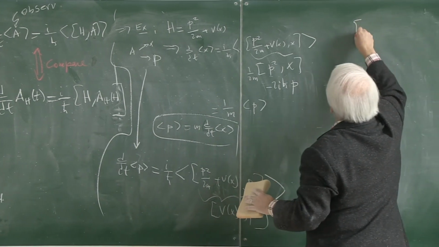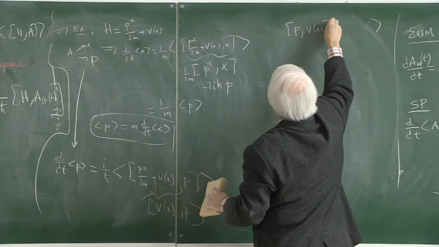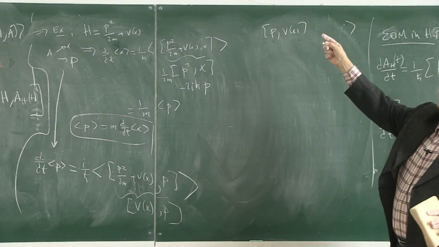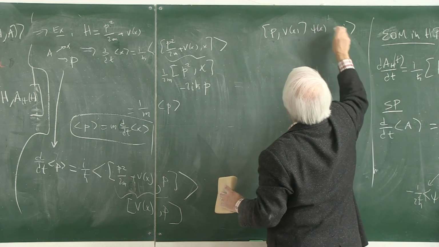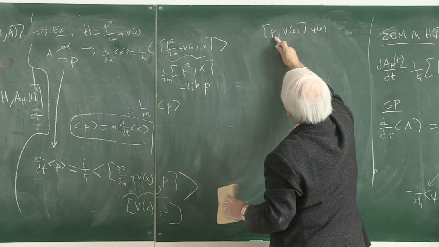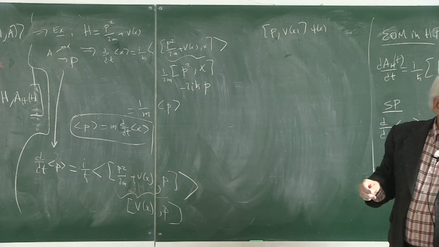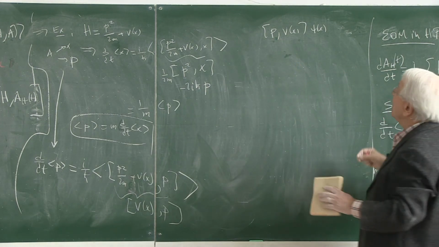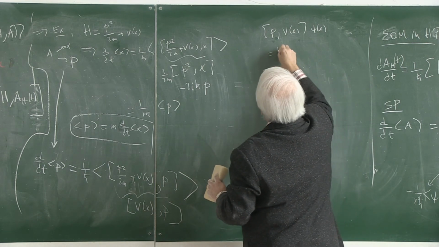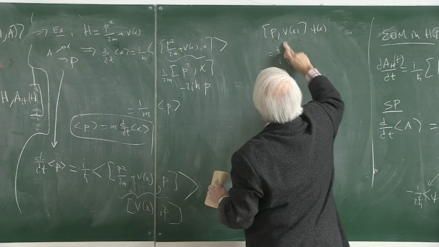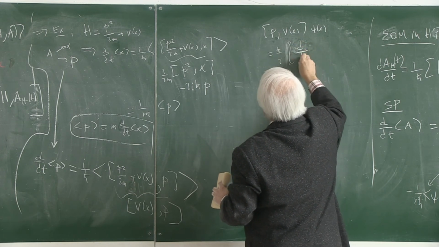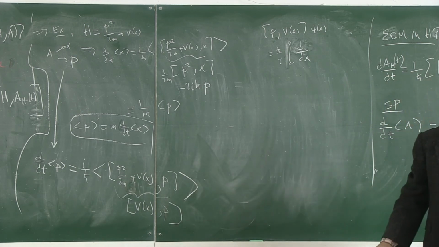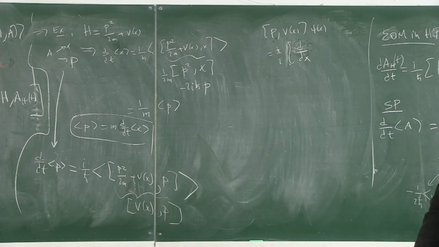What is that commutator? p, V of x. The p operator, V of x operator. What is it? We just put here an arbitrary function, and on that function, p acts like h bar over i d by dx. So h bar over i d by dx, now it's one-dimensional, so sometimes you may not care that much about straight or partial derivatives, but mathematicians would get very mad at you if you do that.